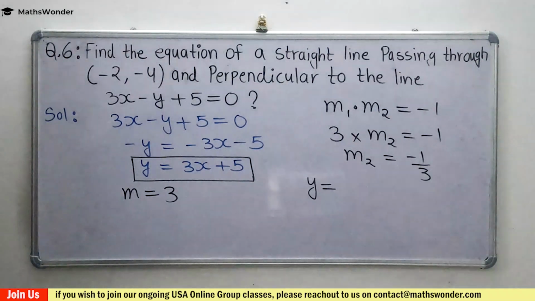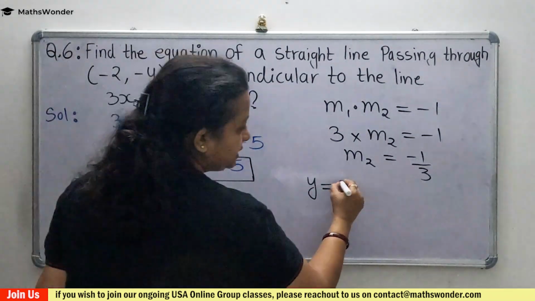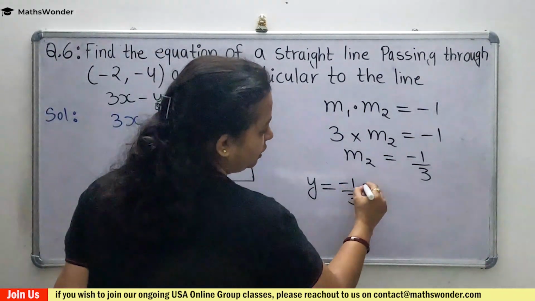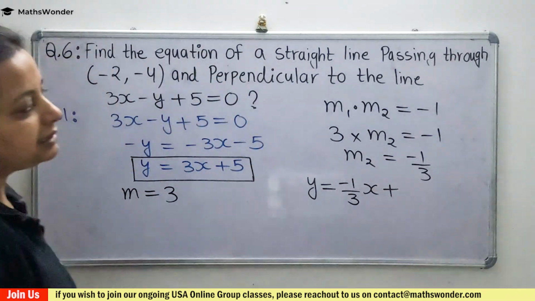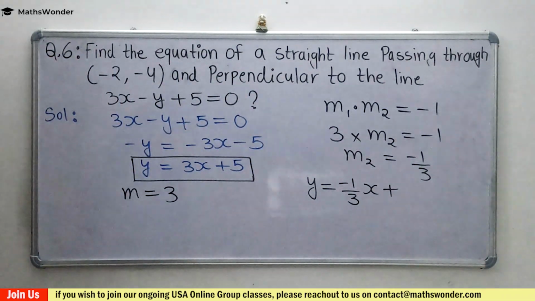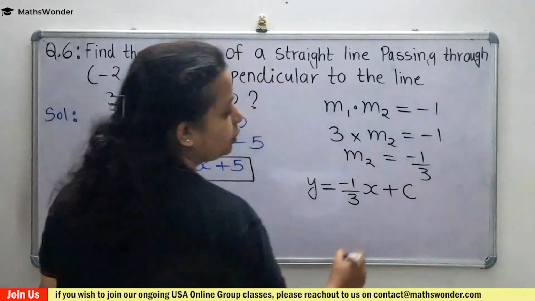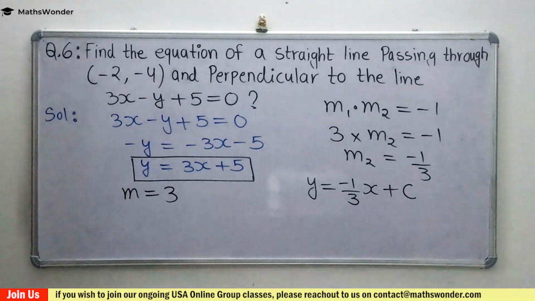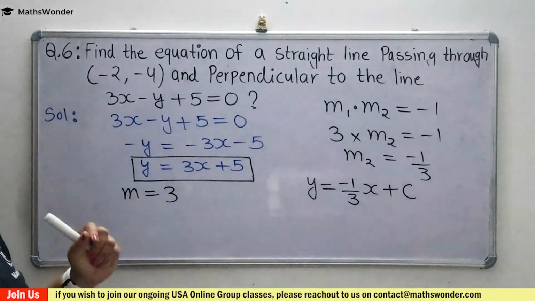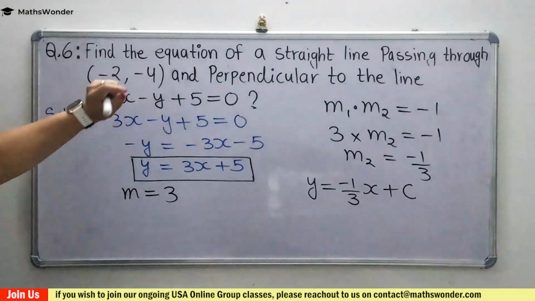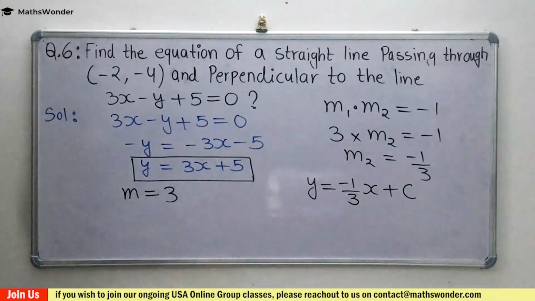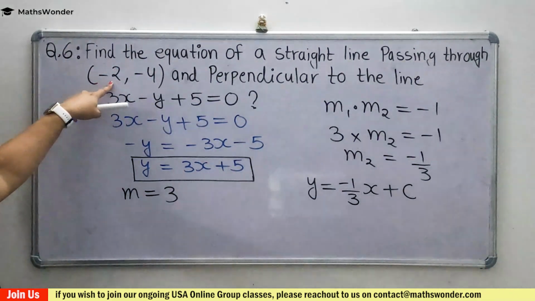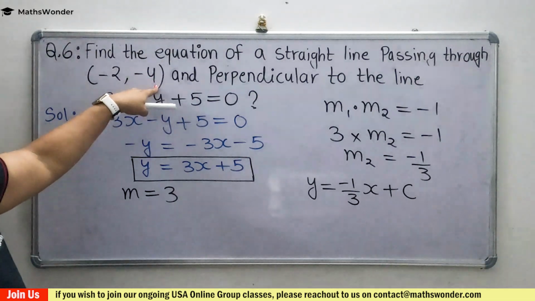Now, according to the second slope, you will form an equation. So m is -1 over 3, x plus c will be c only, because we don't have c, so you will write the same c. This is the required equation of the line. Now it's passing through -2 and -4. So -2 is the abscissa and -4 is the ordinate.